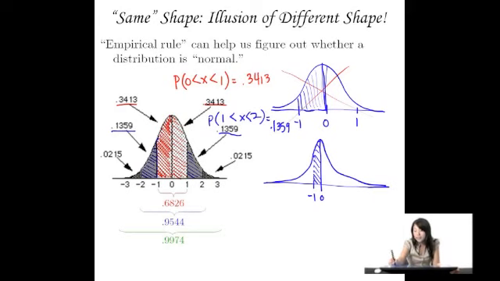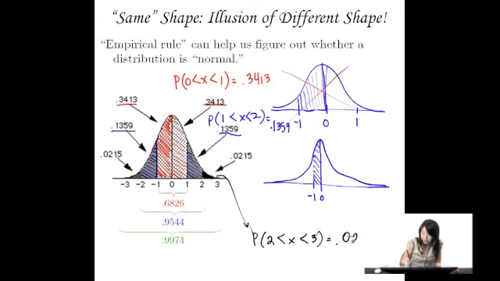Finally, let's cover this small area right here, where now we're going 3 standard deviations out. And I'm just going to write my notation down here. Here I'm going to write P, where x is in between 2 and 3. And that area is about 2%. Right?